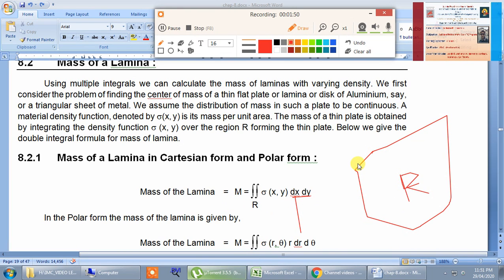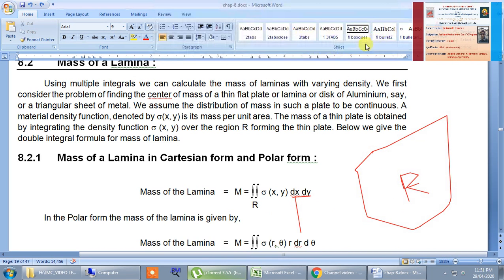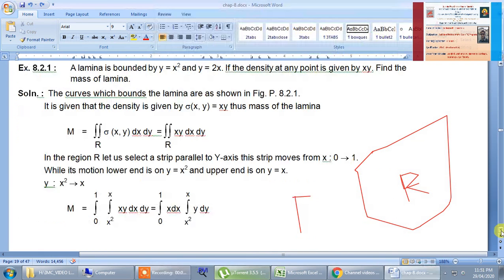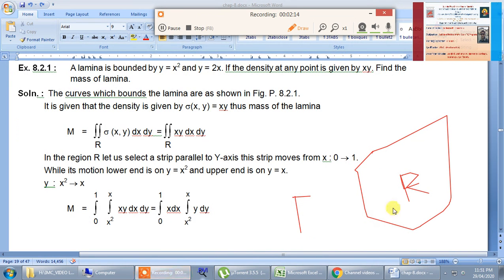So let us have the first problem pertaining to the mass of a lamina. The lamina is bounded by two curves, y equal to x square and y equal to 2x.